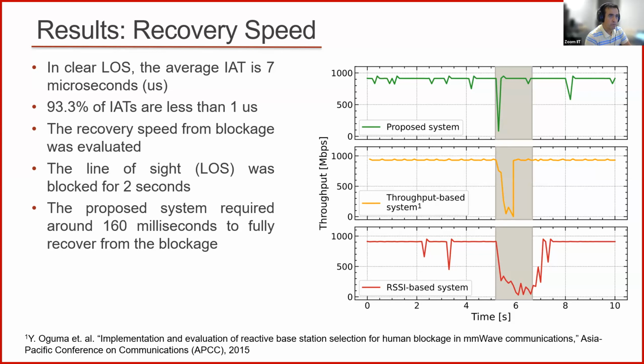For example, the top is the proposed system, and then the bottom is current systems that are in the market. And we can see how throughput is about 1 gigabit per second, slightly off 1 gig, but how our system recovered pretty quickly.